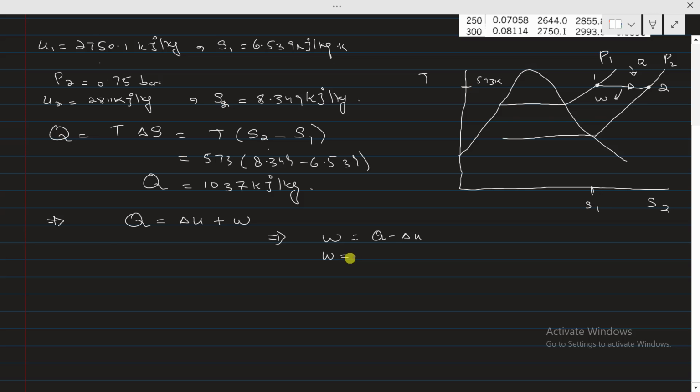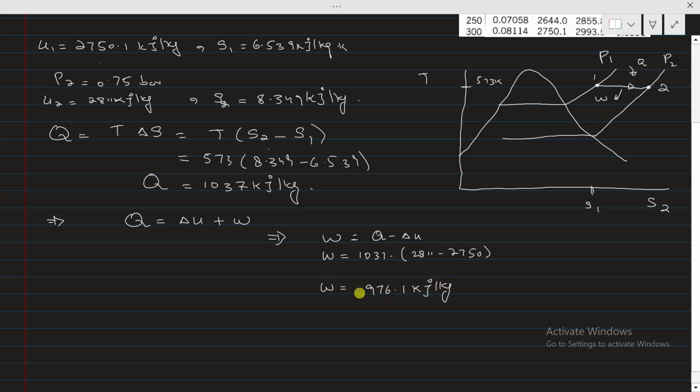The heat supplied is 1037 minus change in internal energy, that is 2811 minus 2750. Upon simplification you will get the work done by the system, that is 976.1 kilojoule per kg.